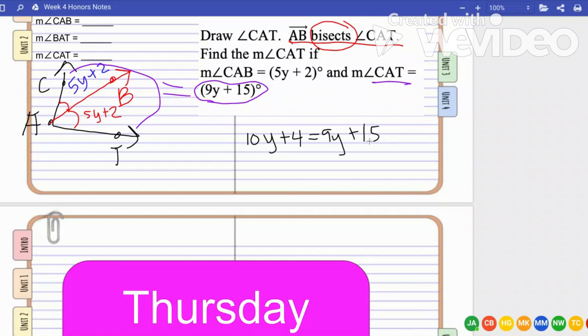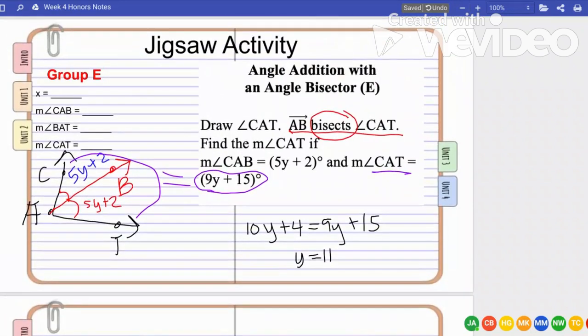We're going to subtract the 4 and subtract the 9y to the opposite sides of the equal sign, and you get y equals 11. So we know y equals 11. Angle CAB is 5 times 11 plus 2, so that's 55 plus 2, 57 degrees.